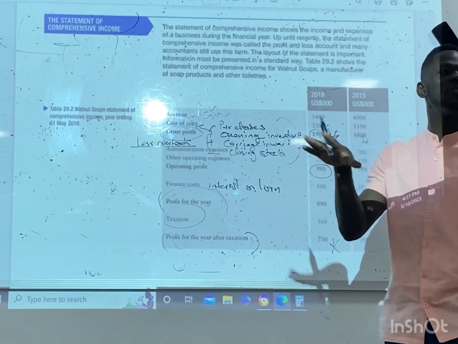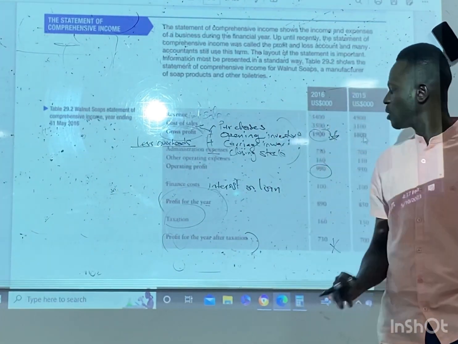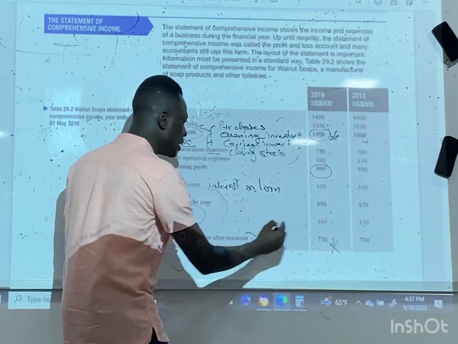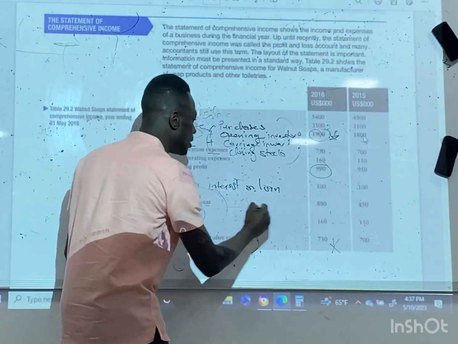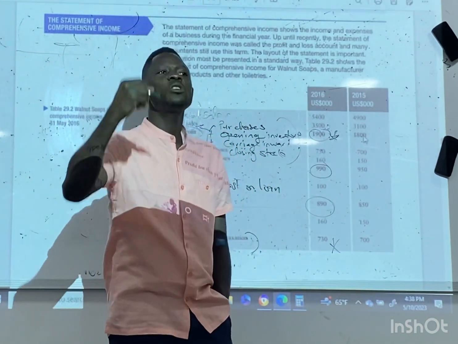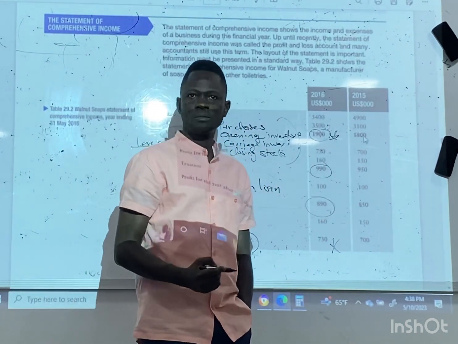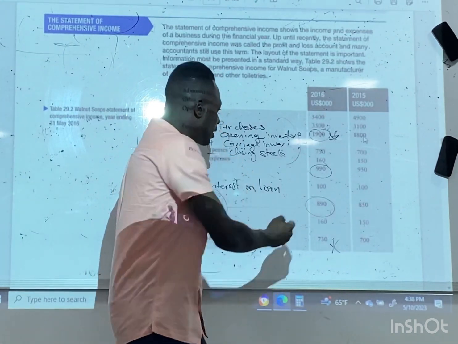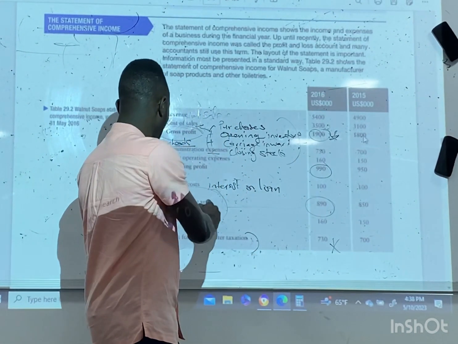As soon as you have your profit for the year, you have to pay taxes. Because this is what you reckon. This is what you're going to give in terms of record to the government, which they're going to charge tax on. You need to understand your profit for the year.